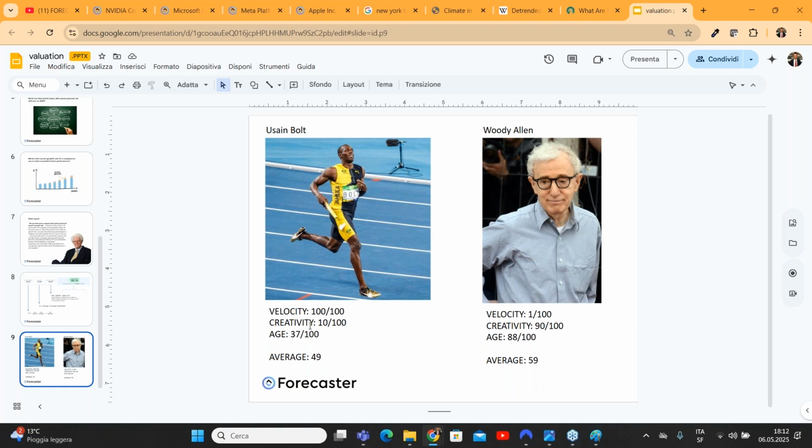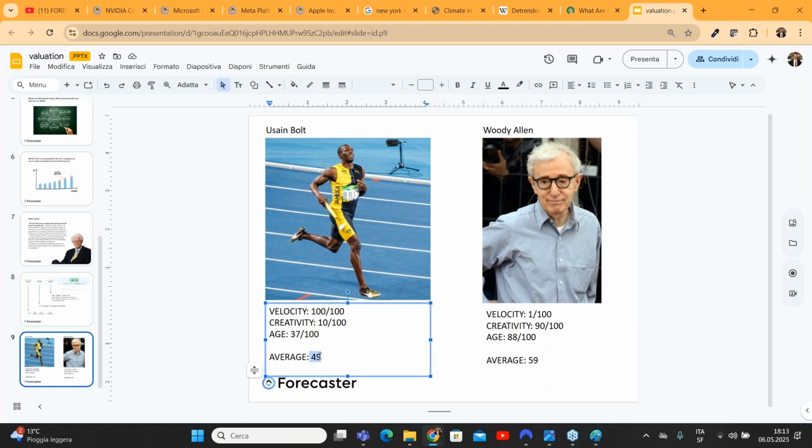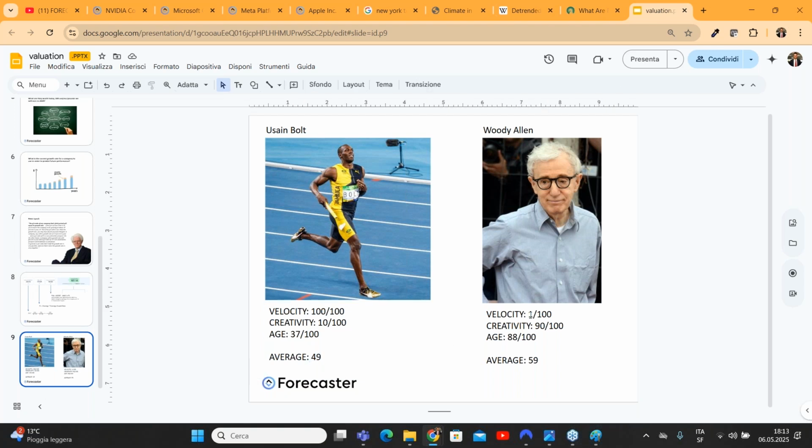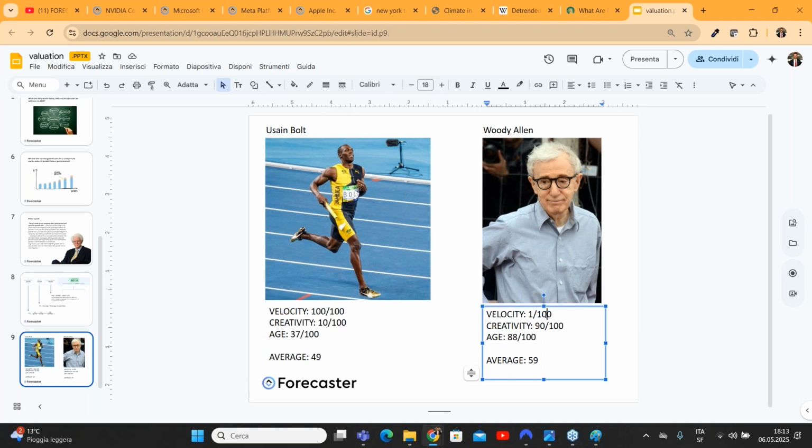Of course, it's just an example. Age 37 on 100, so the average is 49. Regarding Woody Allen, we have 1 on 100 in velocity, 90 on 100 in creativity, and age 88. So we have an average result of 59.